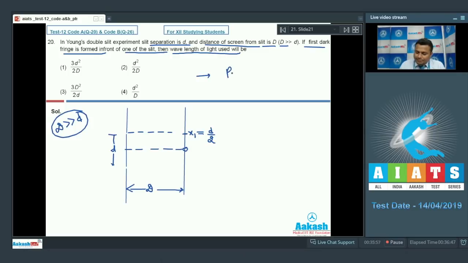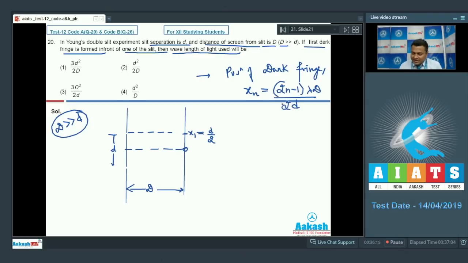We know very well the position of dark fringe given as xn equals (2n minus 1) lambda capital D divided by 2 small d.